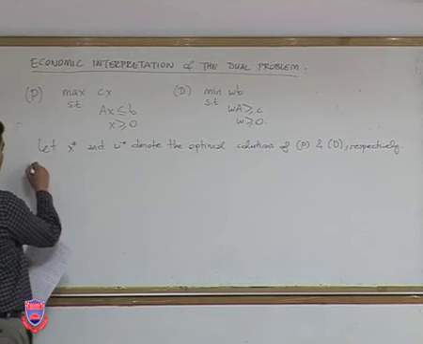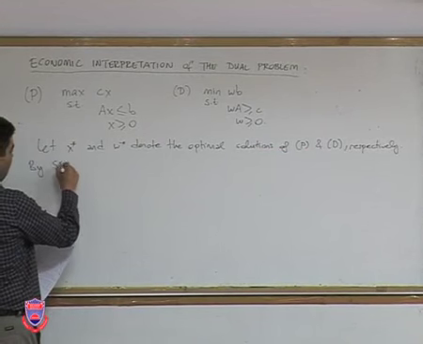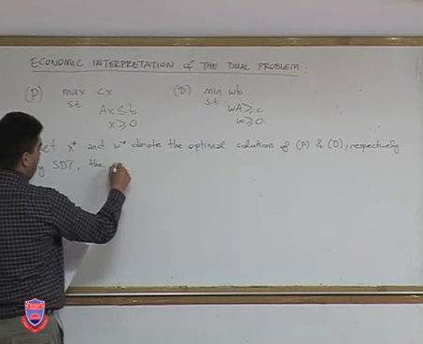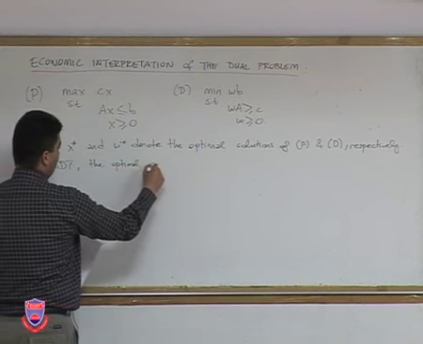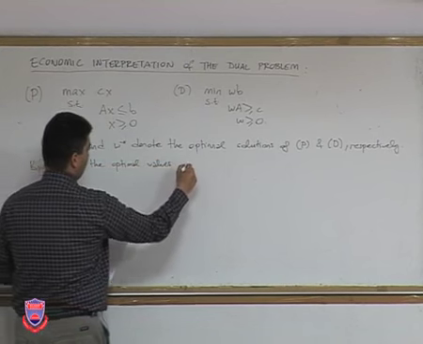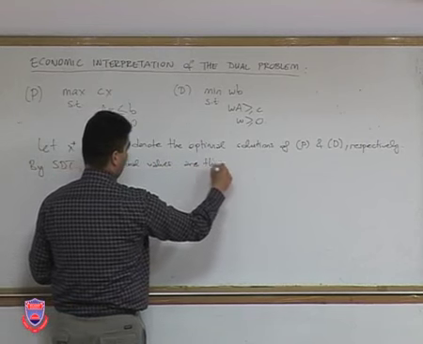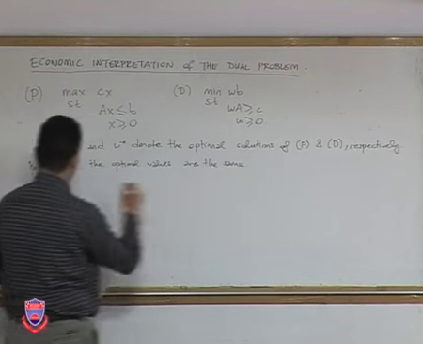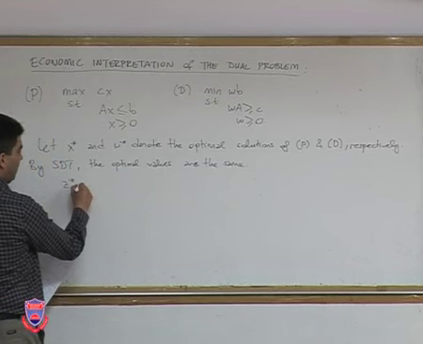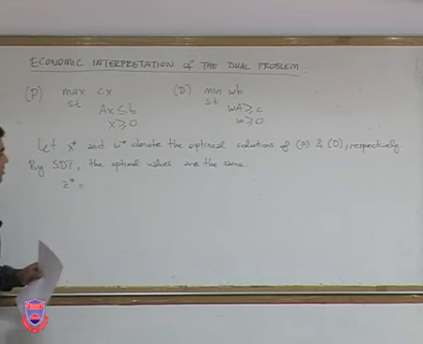And we know by strong duality, the optimal values are the same in such a case. So I'm going to call it Z star. Z star denotes the optimal value.